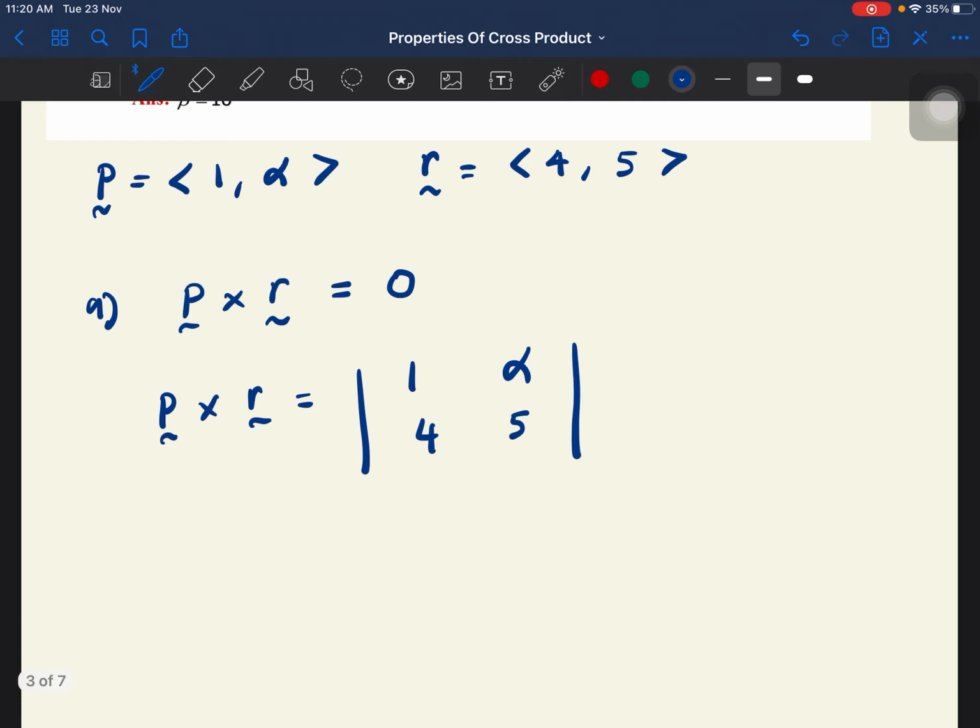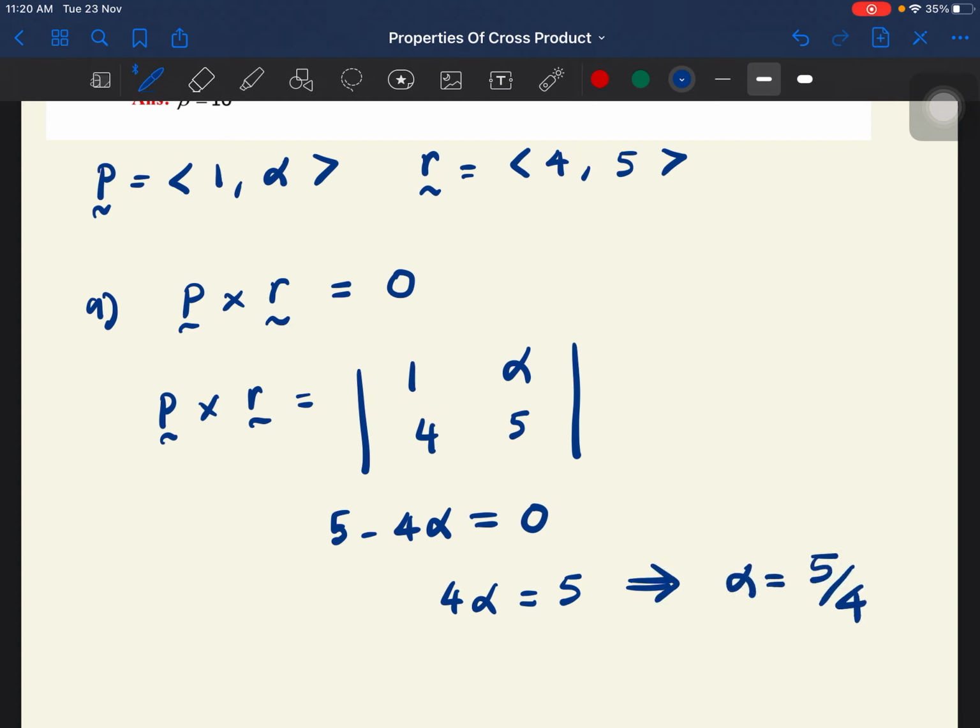Since you only have two components, i and j only, you will have 5 minus 4 alpha is equal to 0. So 4 alpha is equal to 5, which implies that alpha is equal to 5 over 4.